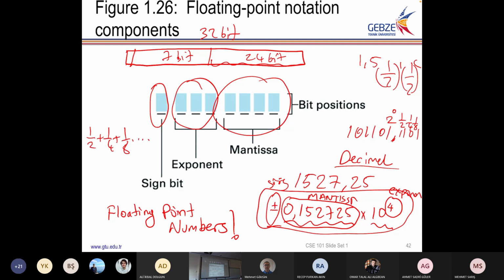So the right side is made up of those numbers, either 1 or 0, 1 or 0, 1 or 0, 24 bit. So the smallest one is what? 1 over 2 to the 24, which is a very small number. So that kind of precision can be achieved. That's what floating point is.